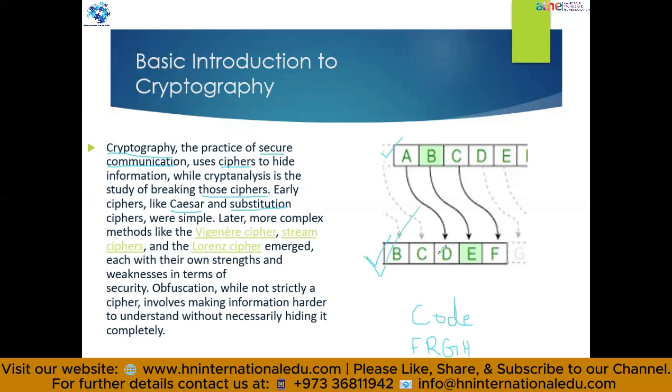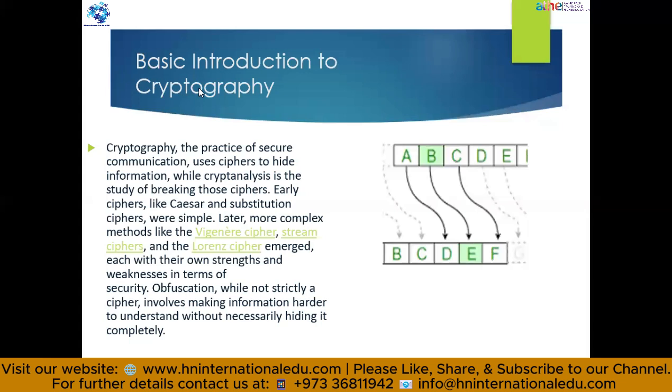We know that we have represented A with D, B with E, C with F, and so on. The person who gets our information in the middle of the way is not able to use that information. In this way, our data will be safe.